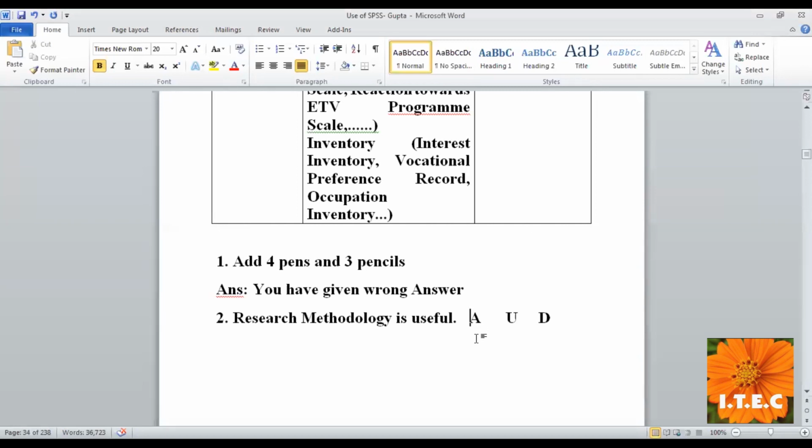Now, if someone says undecided and someone says disagree, then can I say that their responses are wrong or right? Can I say that the responses given for item number 2 is correct or incorrect?